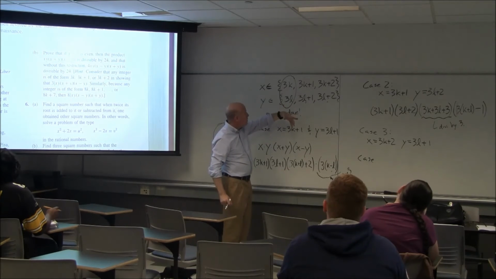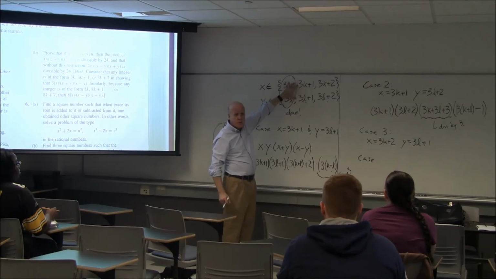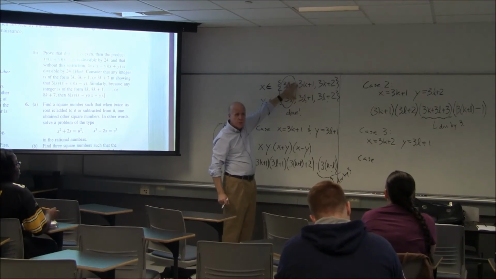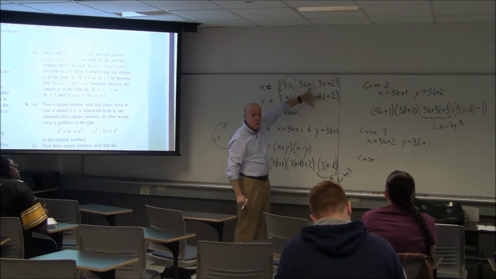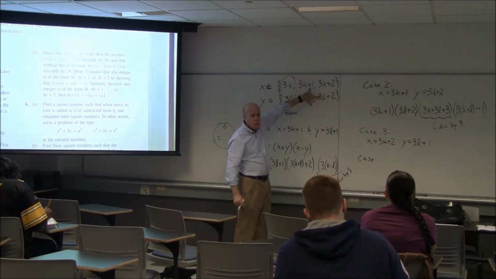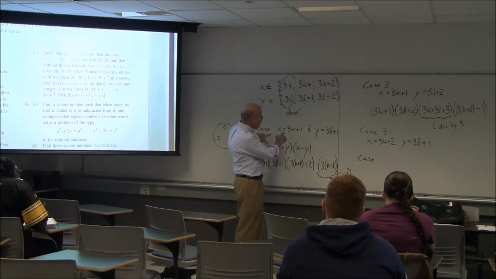Let me just point at it for you. If we're in the first case, the difference is divisible by 3. We'll see it, because the ones will get killed off when you do the subtraction. If we're in the second case, it's the sum. So as x and y range through these possibilities, just figure out which of the sum or the difference is going to be divisible by 3. It's never going to be x or y.